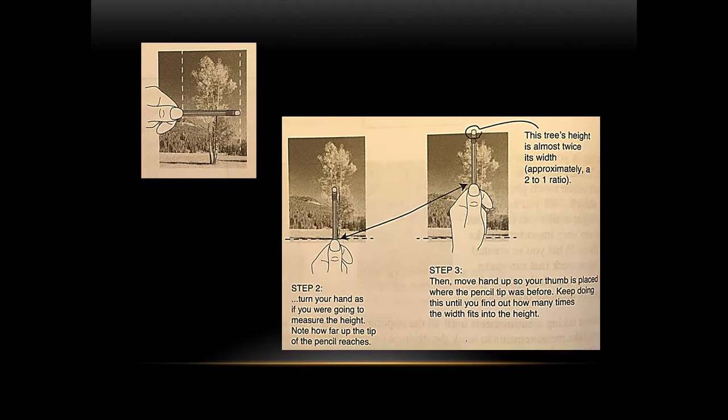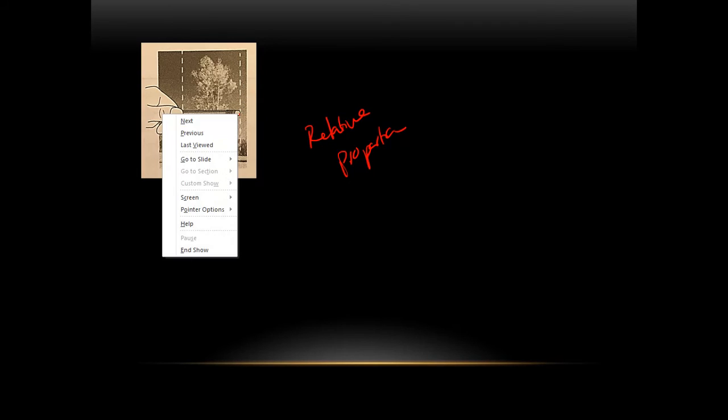All right. So now this is slightly different, okay? Now what's going on here is you can use the thumb and pencil to get relative proportions. In other words, instead of drawing all these funky little boxes, what you can do is say, okay, this is the width, and that's the width of the tree.